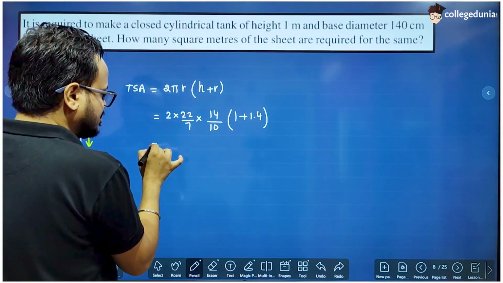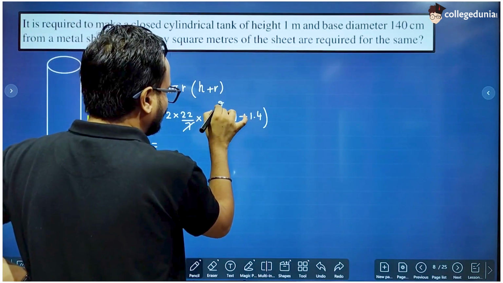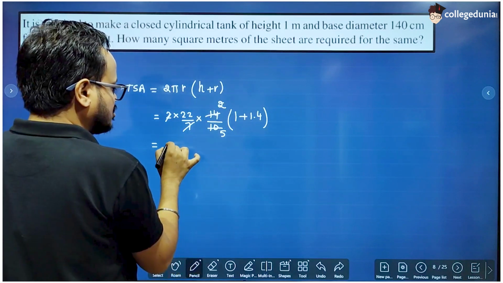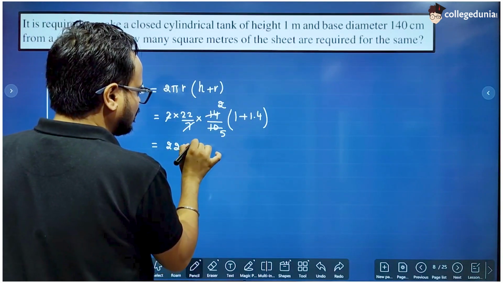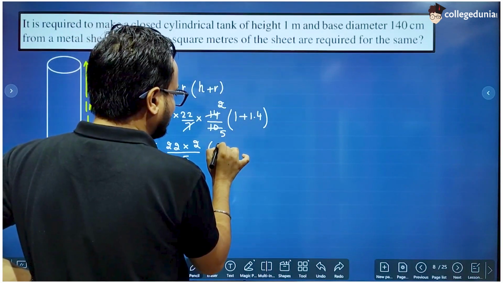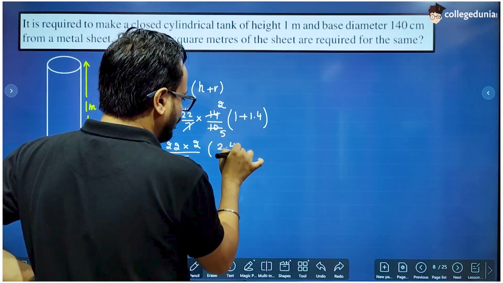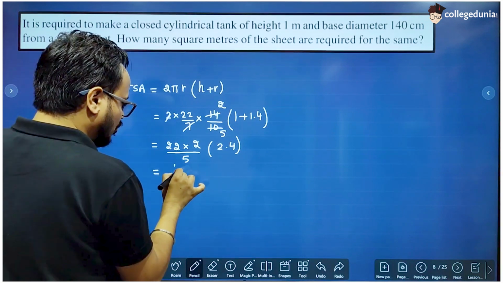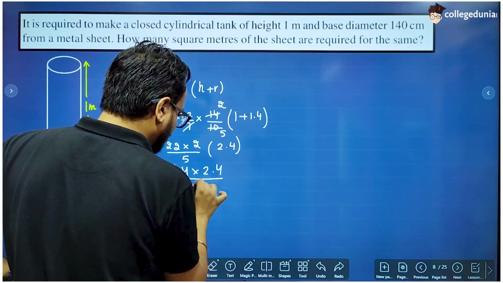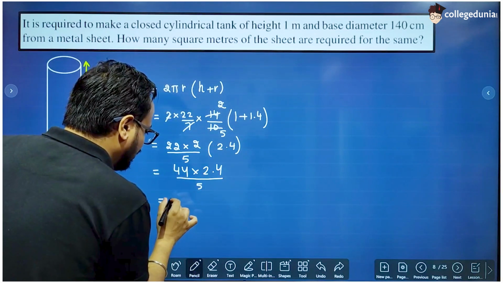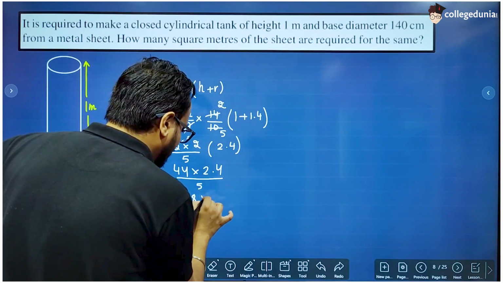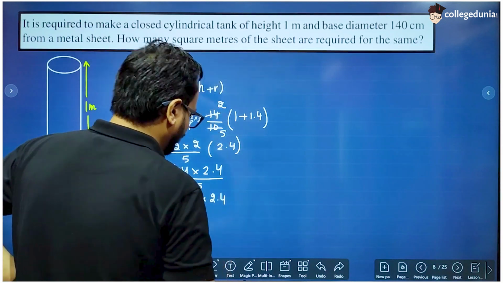So this is 7 into 2, 2 into 5. So this is 22 into 2 by 5 into 2.4, 44 into 2.4 divided by 5. 44 by 5 is 8.8 into 2.4.